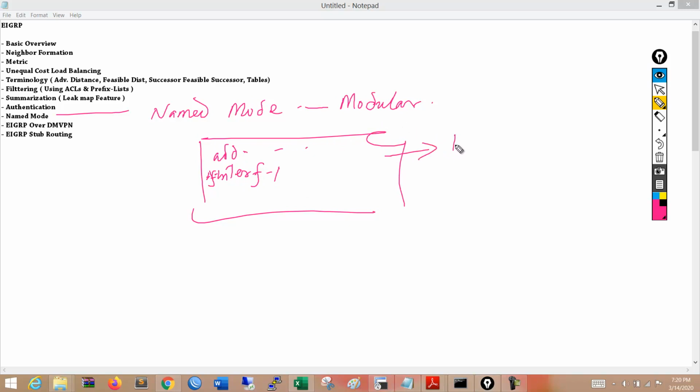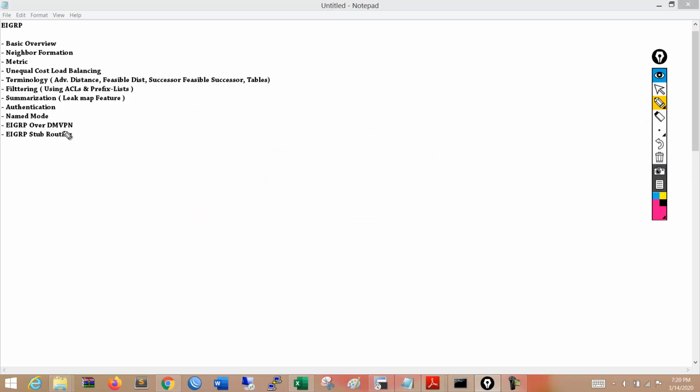It's more like how IOS XR does configuration for some of these things. So EIGRP named mode is still the same EIGRP, but much more modular than the normal one that you may be used to. And then we'll also look at how EIGRP works over DMVPN.